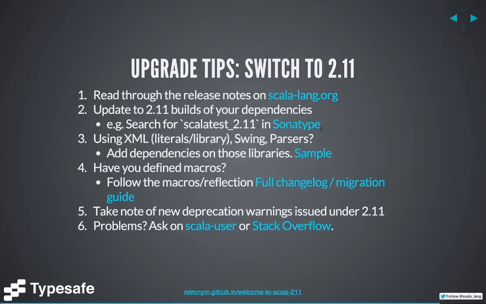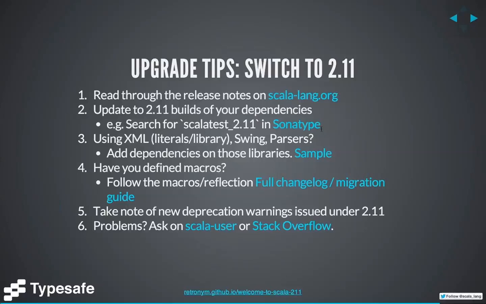You'll have to go through your 2.11 build and make sure that the dependencies that you're using are published for Scala 2.11. And a great way to check their availability is by searching on Sonatype. So I've got an example link in the slides here that shows you how to see, once ScalaTest is published for 2.11, what version has been published.